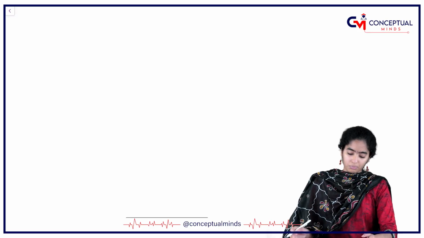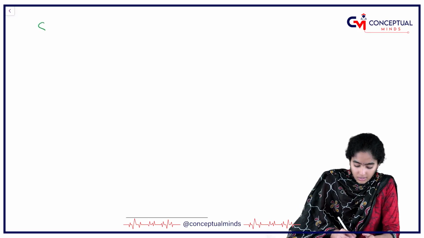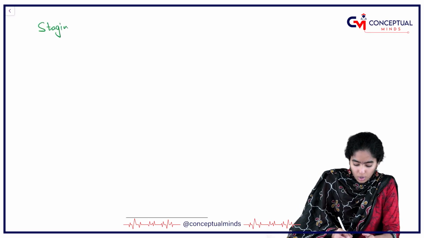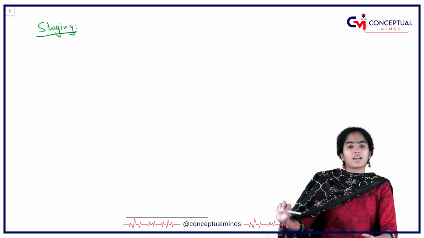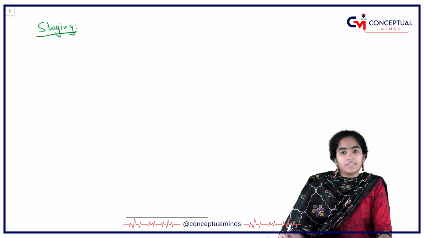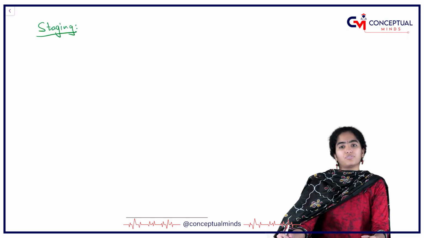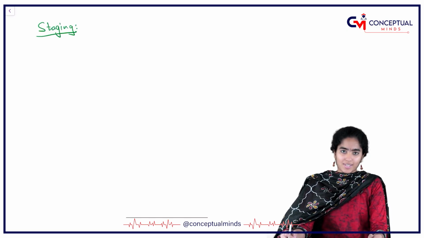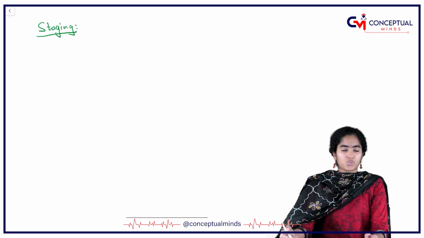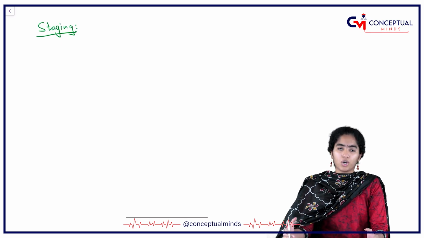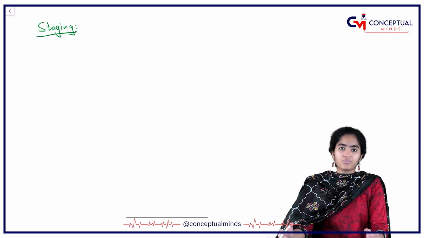And then there is one more concept that you need to understand, that is staging of Meniere's disease. How do we stage Meniere's disease? After the diagnosis of Meniere's disease has been confirmed, then we go to staging. We perform pure tone audiometry over a period of 6 months and take the report of the worst audiometry result.